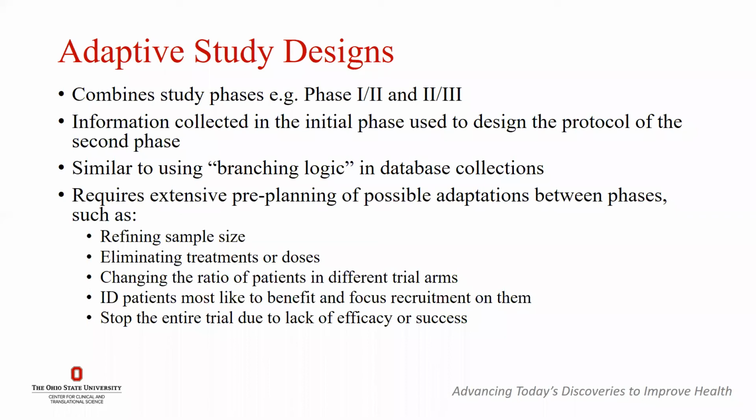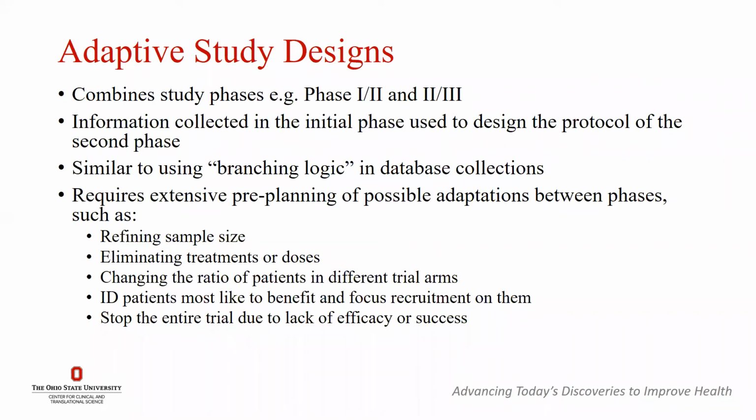The individuals are kept the same and they just go from one to the next, like a rollover study. Information collected in the initial phase is then used to design the protocols of the second phase.